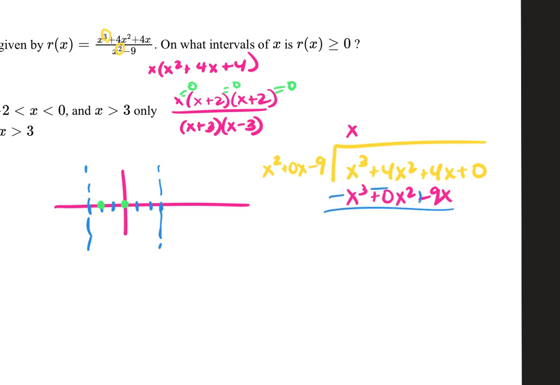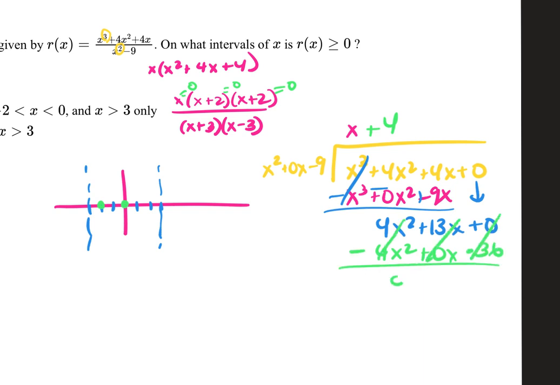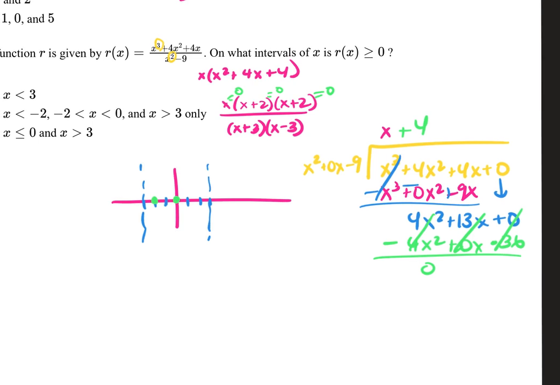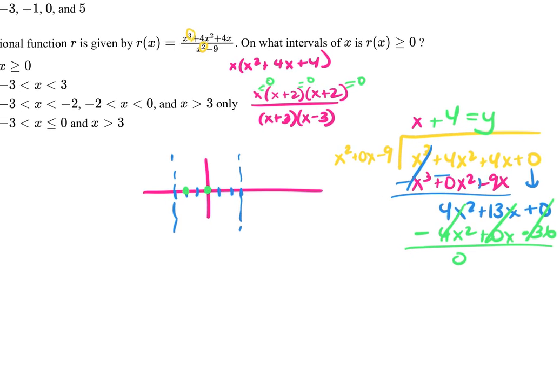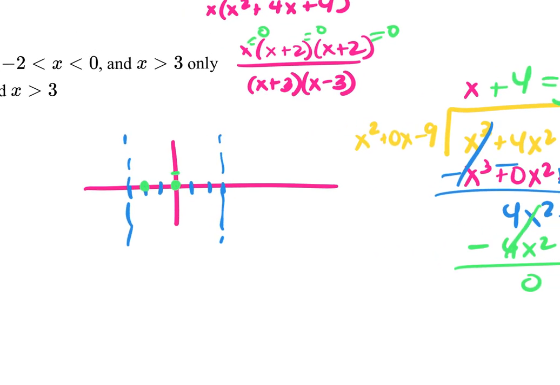Change your signs. 4x squared plus 13x plus 0. And then I have to multiply by 4. So 4x squared, 0x, 36. Now these don't matter. As long as I change the sign and these cancel, I know I'm good. And this would be my slant asymptote. So I'd go 1, 2, 3, 4, and then my slant asymptote would have a slope of 1.